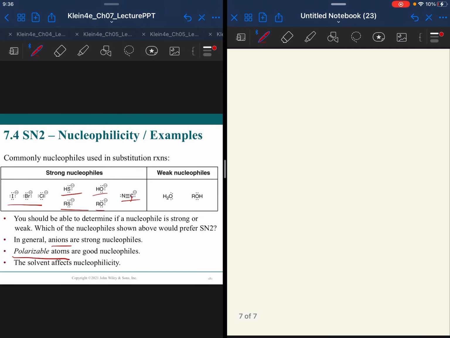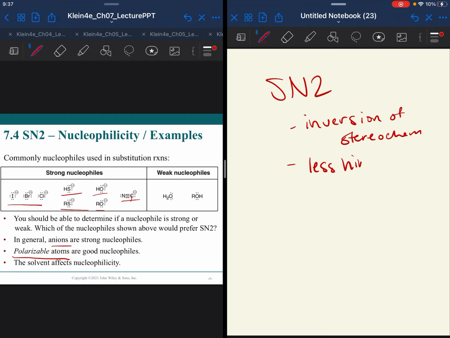So to recap before we move to elimination, things that you need to know about SN2 is inversion of stereochemistry. So when you predict your products, if you had a chiral center to begin with, and it was R, it will become S. S will become R. You want a less hindered substrate, right?